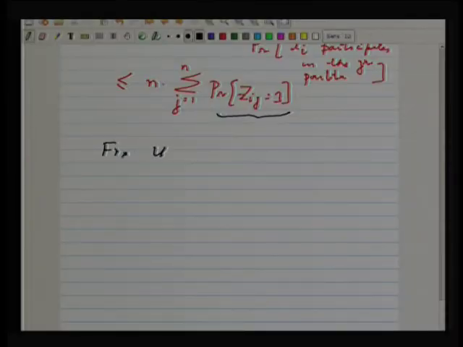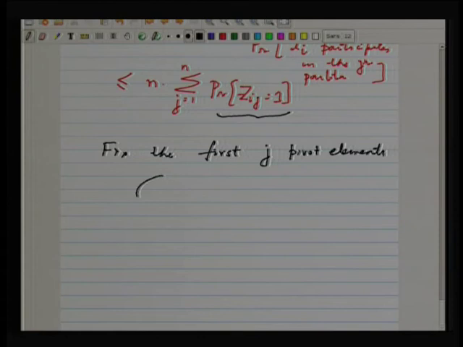Namely, if you fix the first, so I am talking about the jth pivot, fix the first j pivot elements. Then, these first j elements, let us call it S sub j, and then there are the remaining elements.